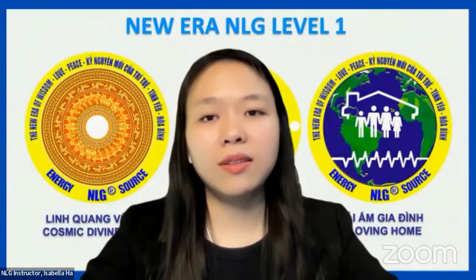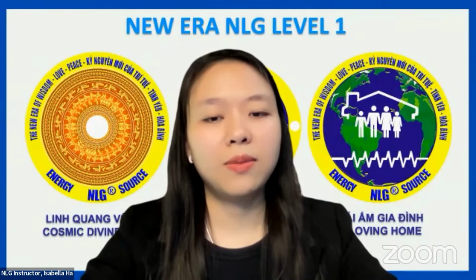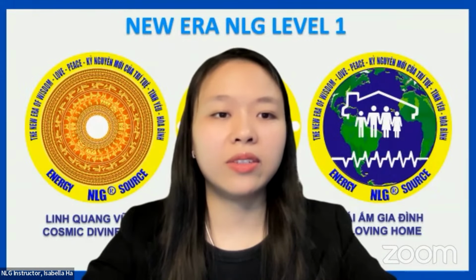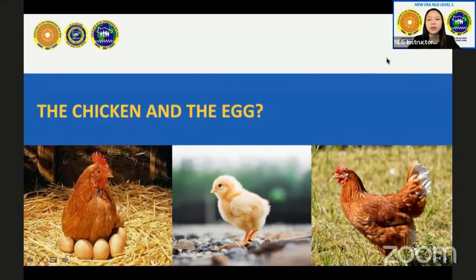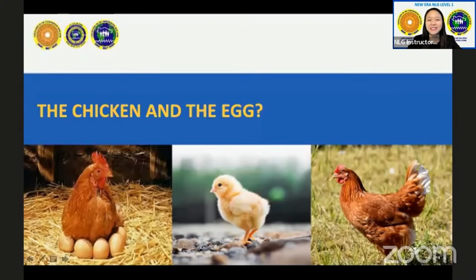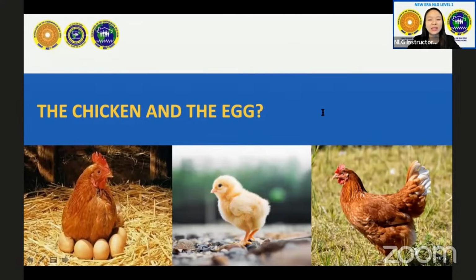Now, the importance of practicing accurately and consistently. Here we have my favorite example, which is the chicken and the egg. Usually we use this to explain to people the necessity to practice consistently.